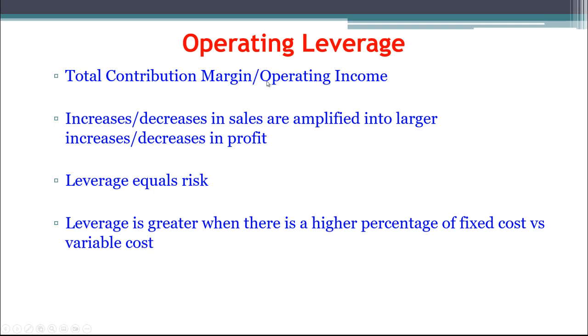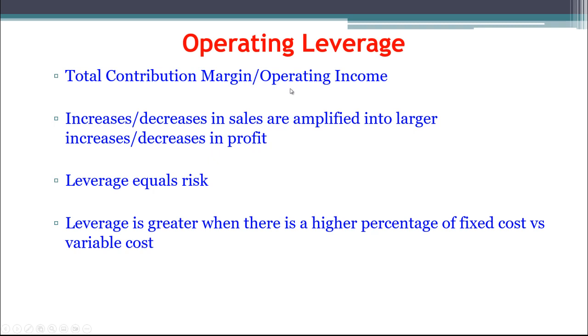So if we have an operating leverage ratio of 5, let's say, if we have a 10% increase in sales, that means we're going to have a 50% increase in profit, 10% times 5. But the same thing could happen on the negative side. If we have a 10% decrease in sales, we'd have a 50% decrease in profit.